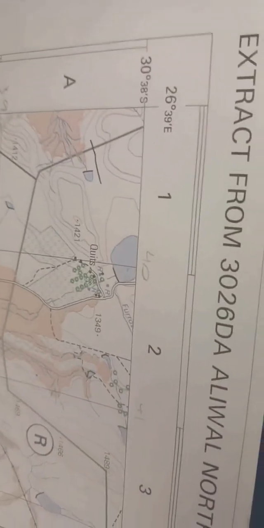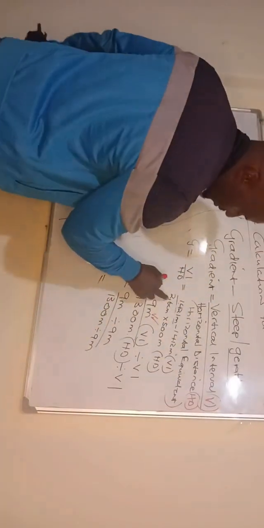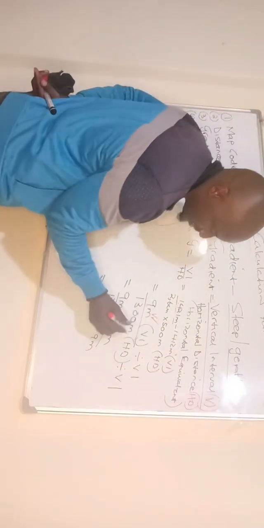They have to use the same unit of measurement. So 2.6 centimeters multiplied by 500 meters. Our scale for topographical is 1:50,000. We have just converted it into meters. That's why we multiplied 2.6 centimeters by 500, and we got 1,300 meters.